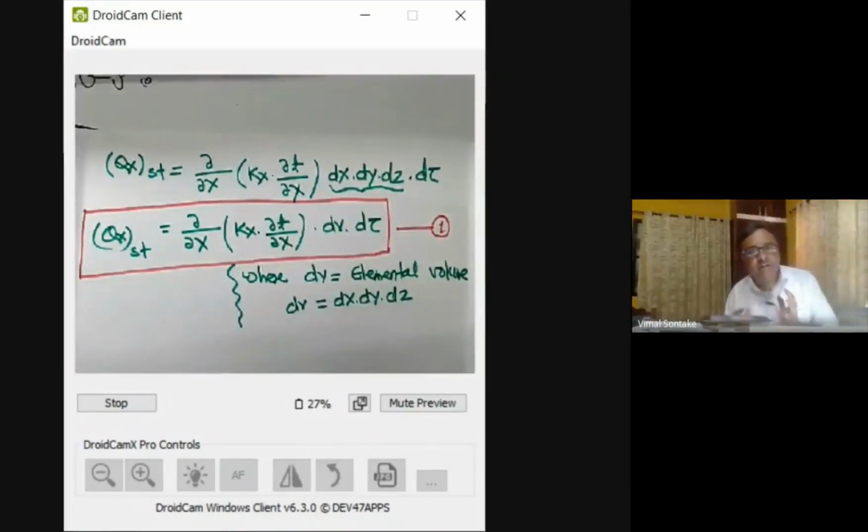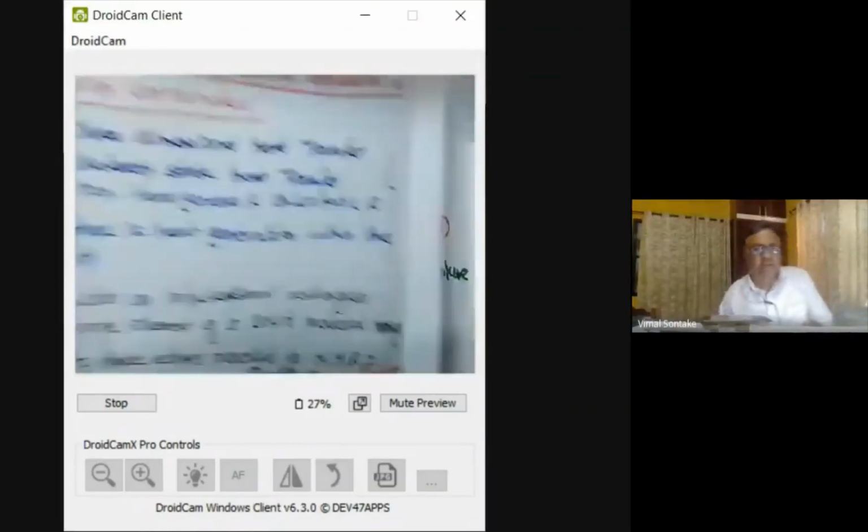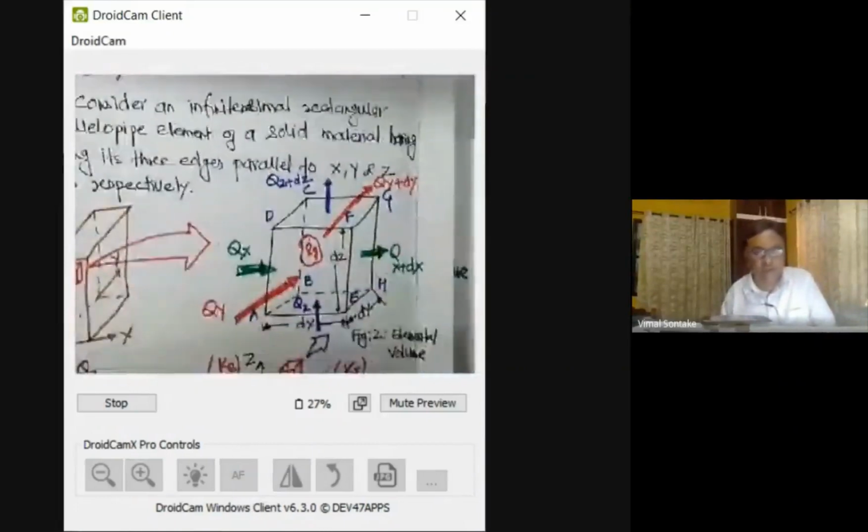In a similar fashion, I can do the analysis for heat flow in the y direction. Let us take back this diagram once again.